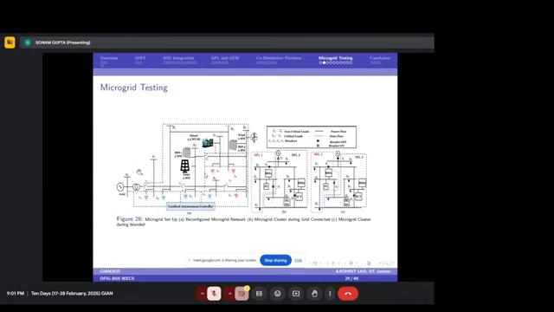So during the standalone mode operation, this battery energy storage system will shift from grid following mode to the grid forming mode. So here our main proposed control is on the transition from the grid following to the grid forming mode, and maintaining error-free synchronization, or error-free transition as well.